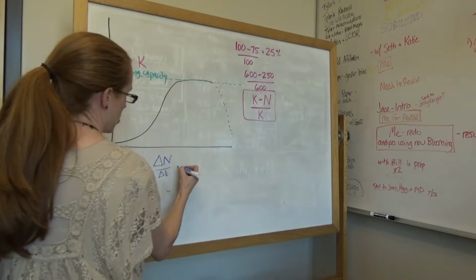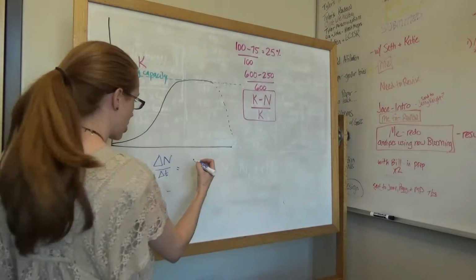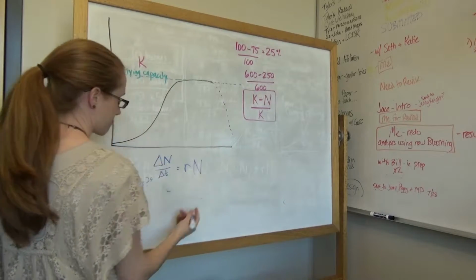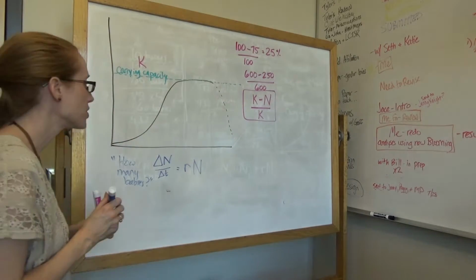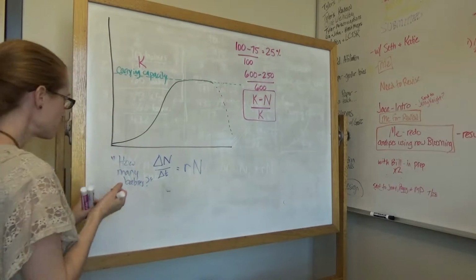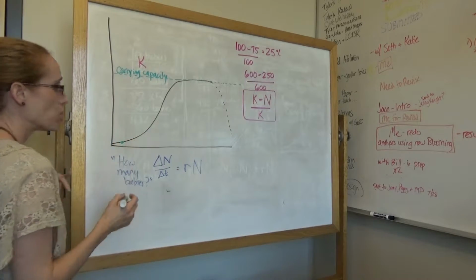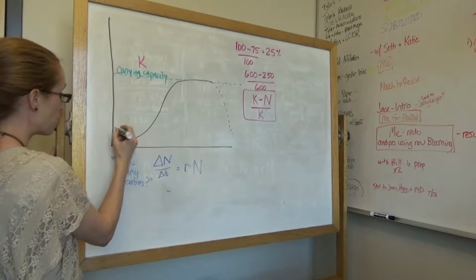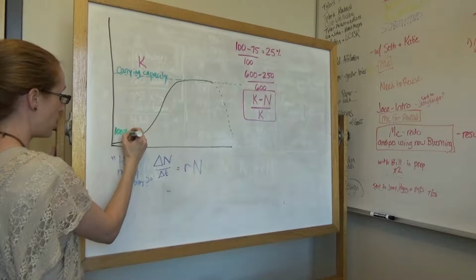What we did to figure that out is we took our R, the rate at which it's growing, and we multiplied it by N. And then we just add it to the original population. But in this case, if you're down here in your population, do you want to be growing at your full potential? Well, yeah, you're right down here. So we want to be growing at like 100% of our R.